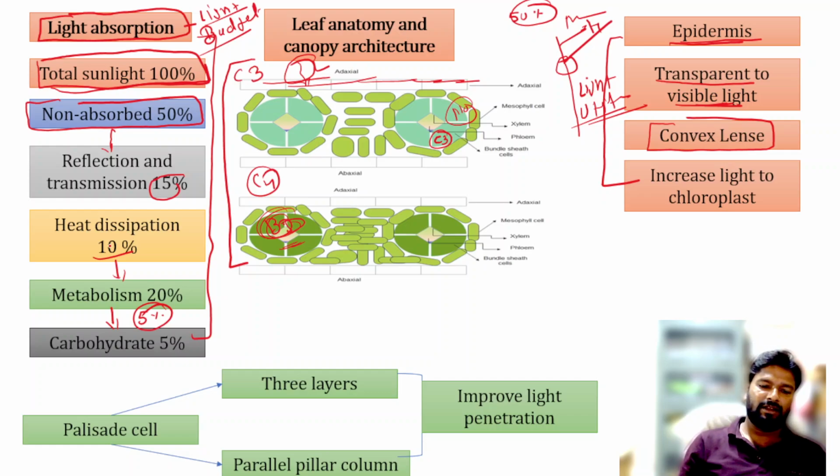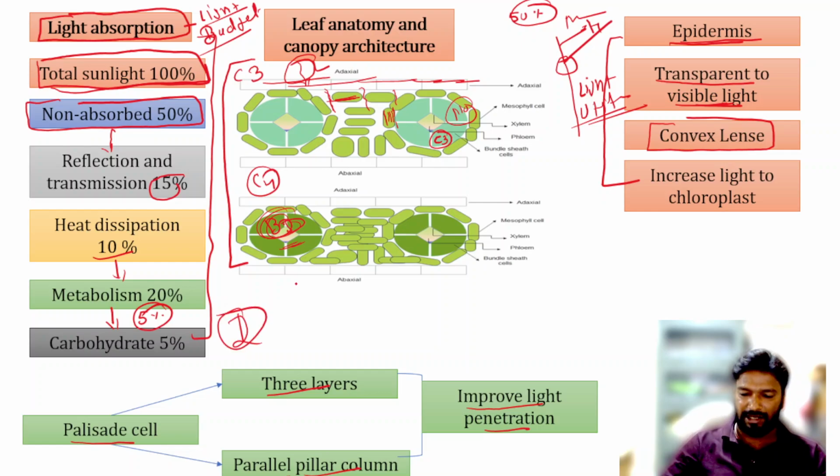Okay, now come to the palisade cells. In the mesophyll, there are three layers and parallel pillar columns. Some cells are parallelly aligned and some are vertically arranged. There is an air space between these, so they improve the light penetration. So this is also one of the mechanisms to improve light efficiency.